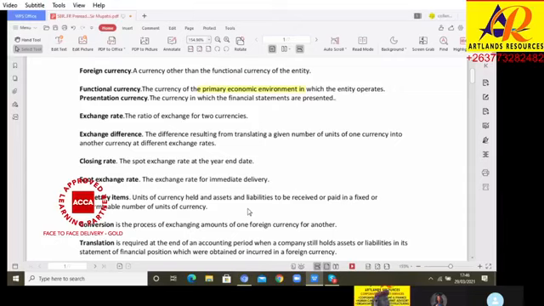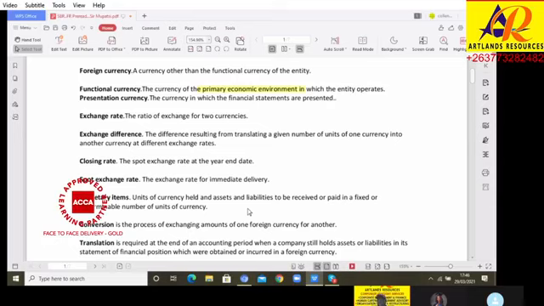Now I have to tell you what a non-monetary item is. Let's say you have a building in Botswana, in Pula. That is a non-monetary item because there is no actual cash movement each year, or you are not expecting actual cash movement. It's different from receivables or payables in Pula.